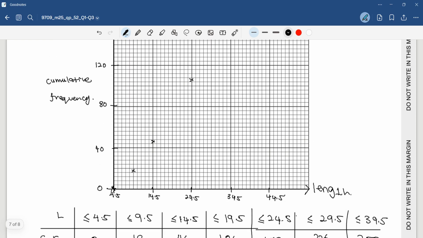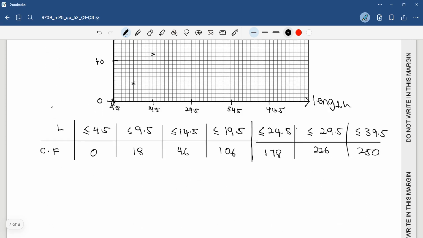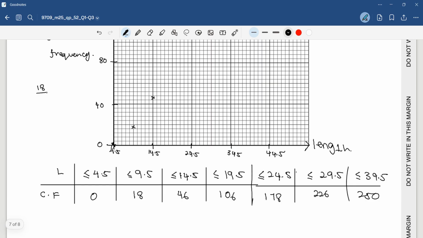Actually how I'm calculating here is I just divide 18 by 40. So 18 divided by 40, you get 0.45. So it's 1, 2, 3, 4, 5, 0.45. Similarly, 46 divided by 40, I got 1.15.